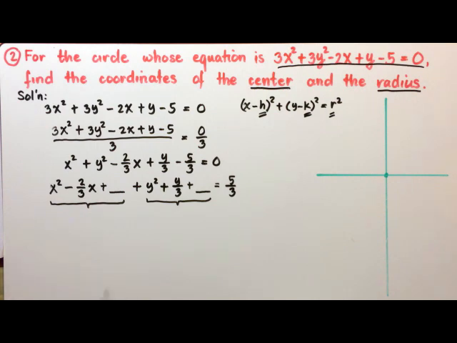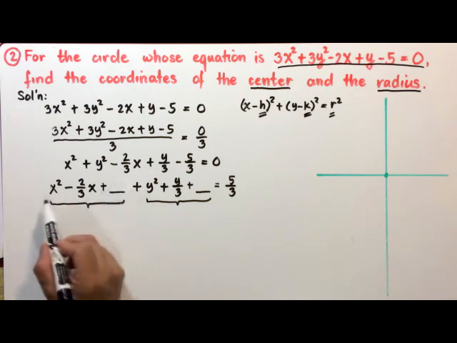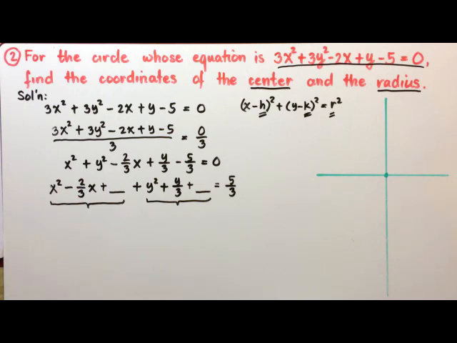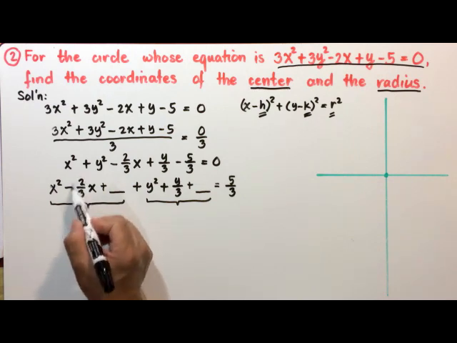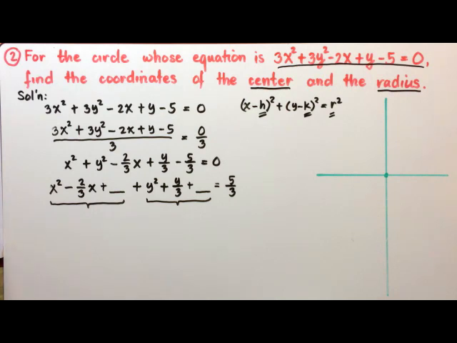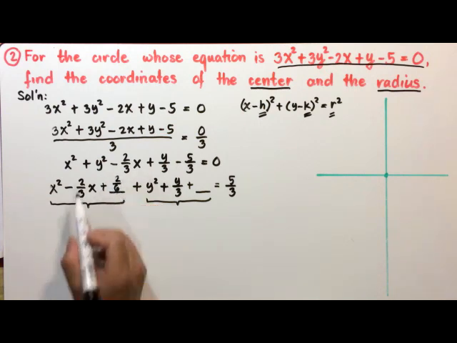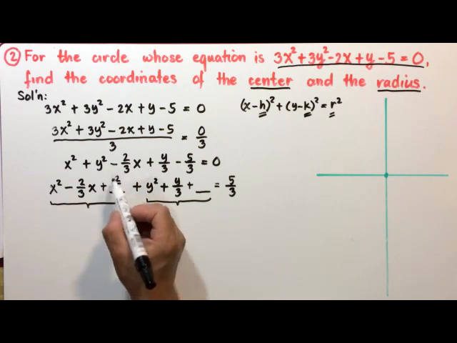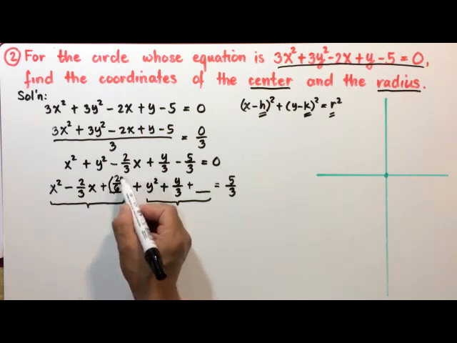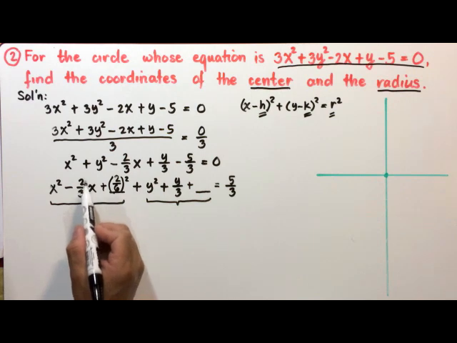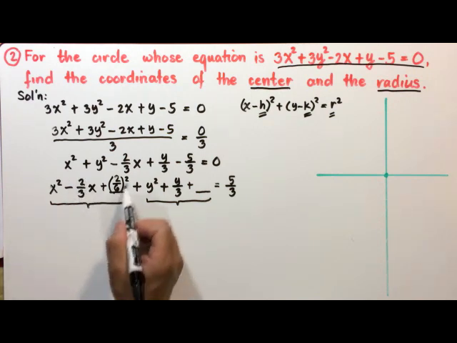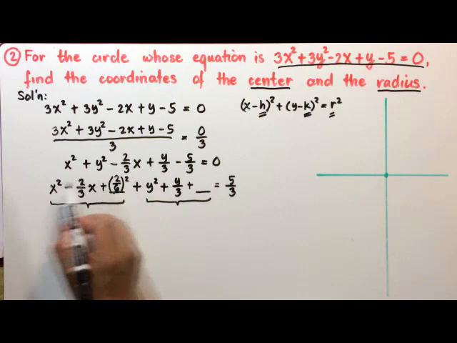To determine the third term of the expected trinomial, divide the coefficient of x by 2. So 2/3 divided by 2 makes 2/6, and you need to square that. That's the rule: get the half of this and you square it. That's the one you add to make it a complete square.